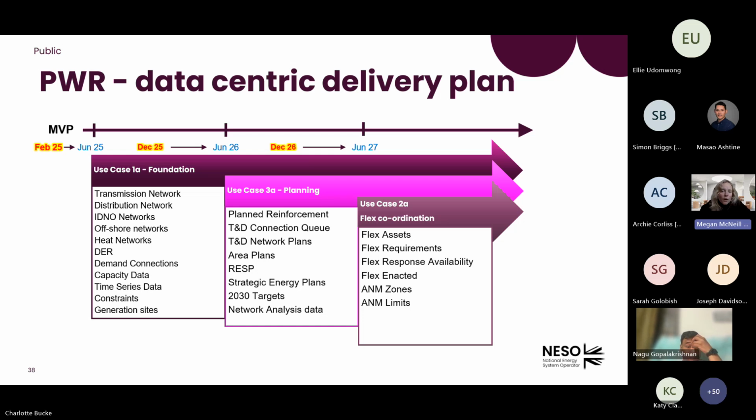Then use case 2, the flex coordination, is going to be carried out in June 2027. So far, we've not had many data issues or data concerns. We've pulled in mostly open source data at the moment, but as we progress through the project, we do foresee more data challenges around potential data quality.